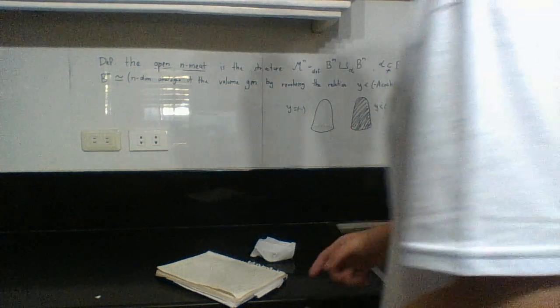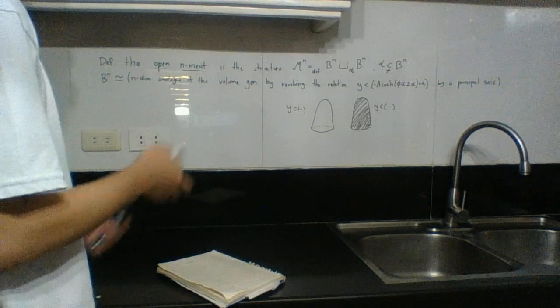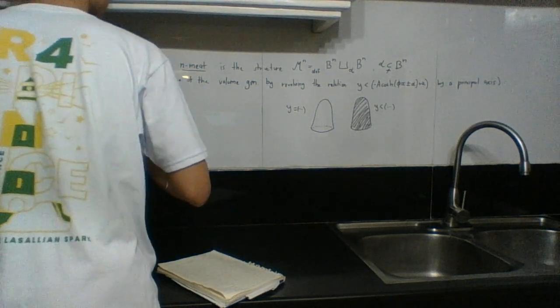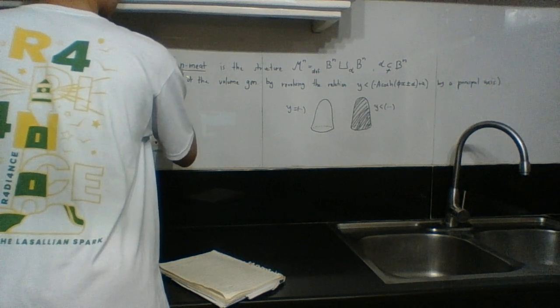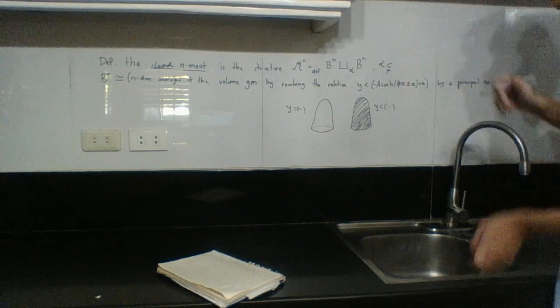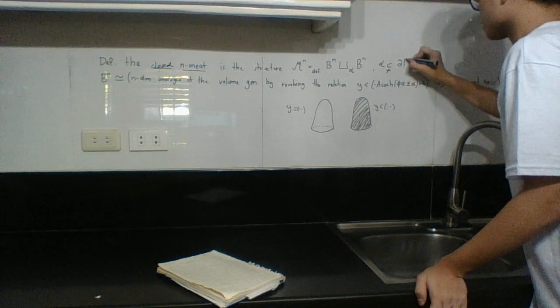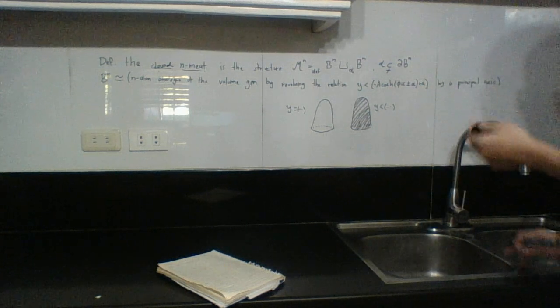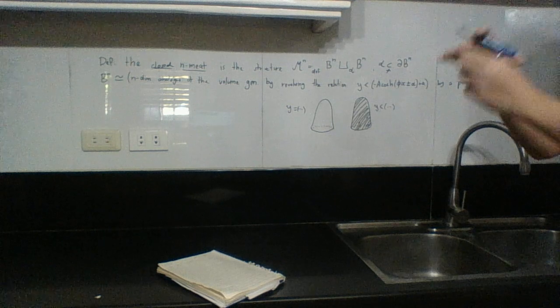Now the closed end meat is simple. This time there is a boundary. So for the closed end meat, we just replace this by the boundary of the closed ball. Because there's a boundary now, we want to glue them about their surface, which is the boundary.